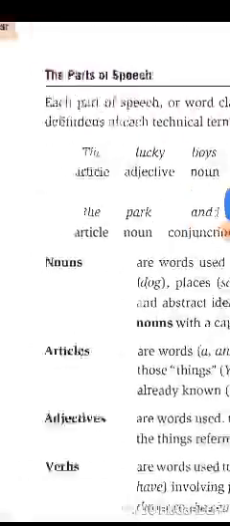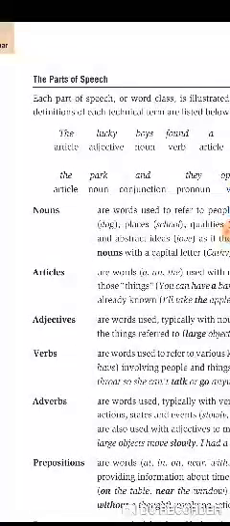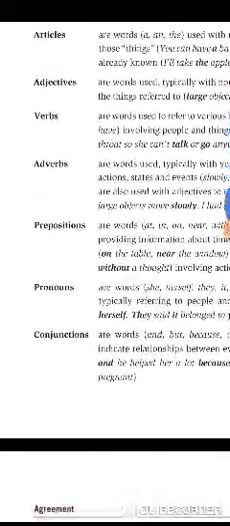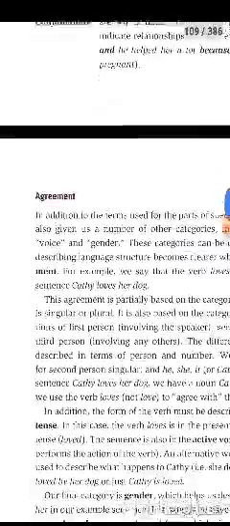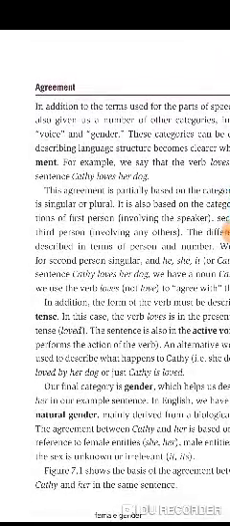You can read the second line for yourself, okay? So these are parts of speech: nouns, adjectives, articles, verbs, adverbs, prepositions, pronouns, and conjunctions. So what are they? These are the traditional categories, okay?